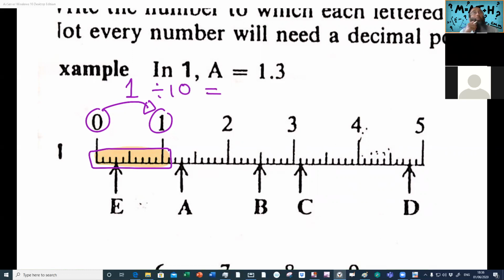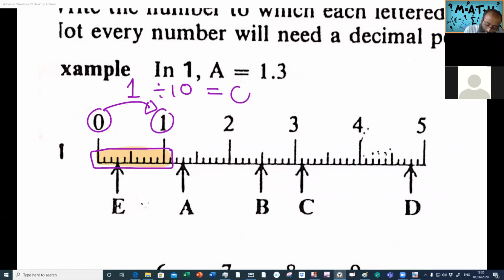So what's 1 divided by 10? 0.1. So what we're doing in this particular case is adding in 0.1s.